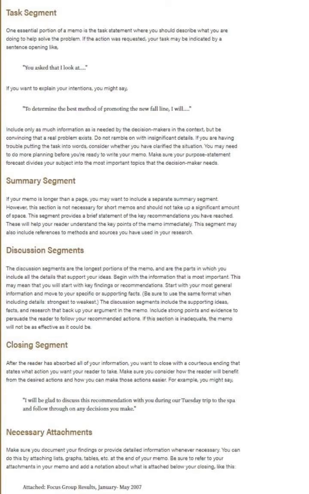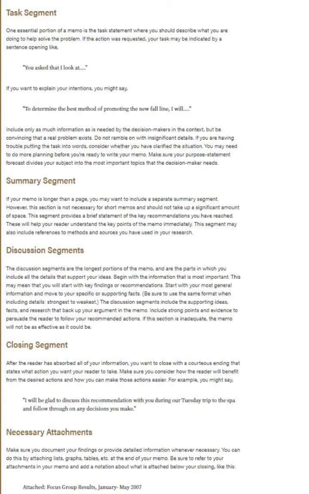If the action was requested, your task may be indicated by a sentence opening like, "You asked me to look at..." If you want to explain your intentions, you might say, "To determine the best method of promoting the new fall line, I will..." Include only as much information as is needed by the decision makers in the context, but be convincing that a real problem exists. Do not ramble on with insignificant details.